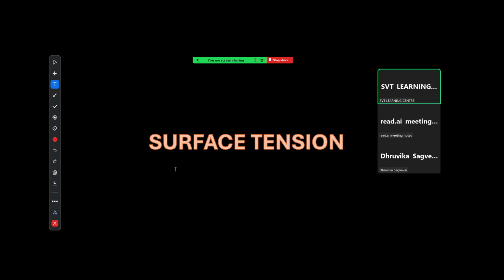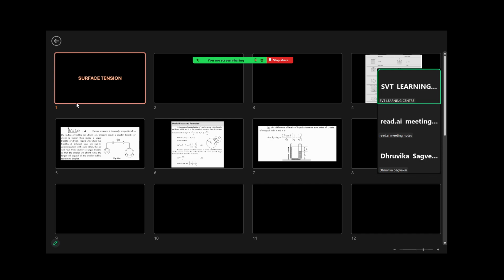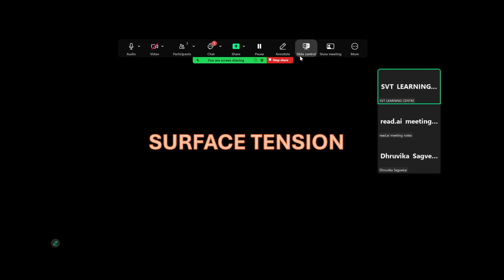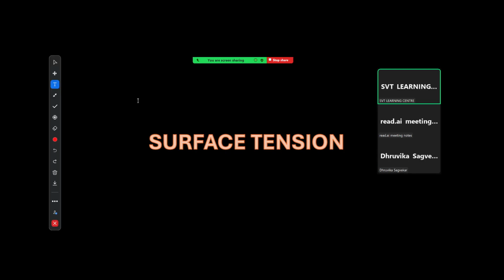So the force of cohesion will be the force between molecules of different substances. Correct? Yes, sir. Is this clear? Okay, one second now.